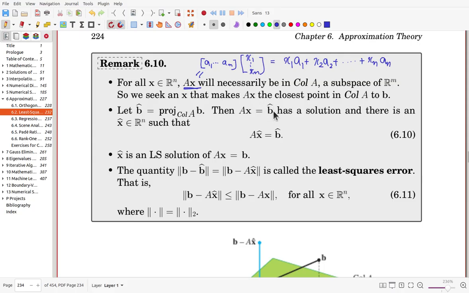Now b hat is in the column space of A. This linear system should have a solution, at least one solution. And if we have a solution, then it will satisfy that one. So in this case, x hat is a least squares solution of the linear system.